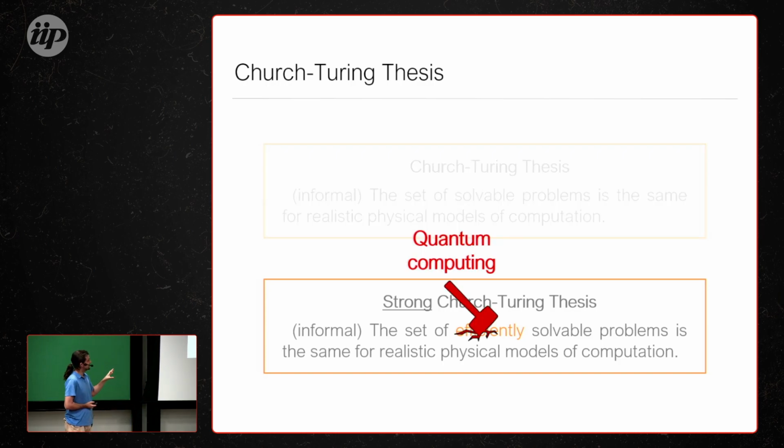And this thesis is what quantum computing, a few decades ago, came to upset a little bit. Because quantum computers, apparently, as far as we can tell, can solve some problems efficiently that classical computers cannot. So quantum computers are the first serious threat to this strong Church-Turing thesis.